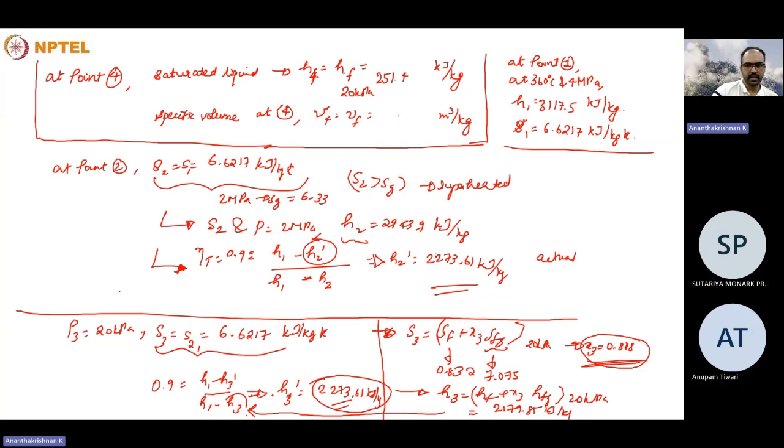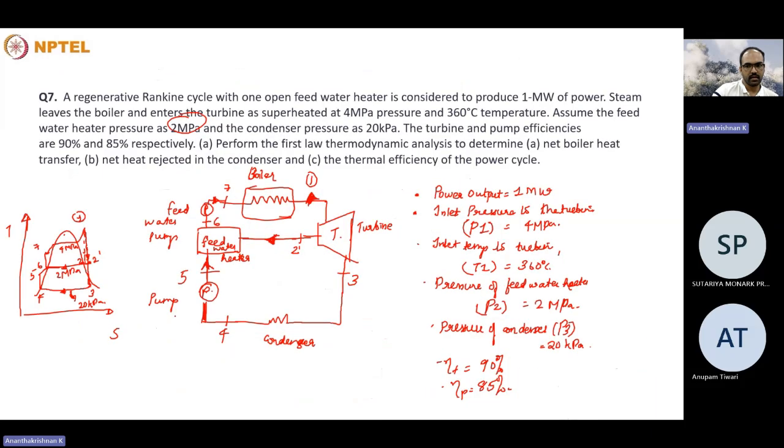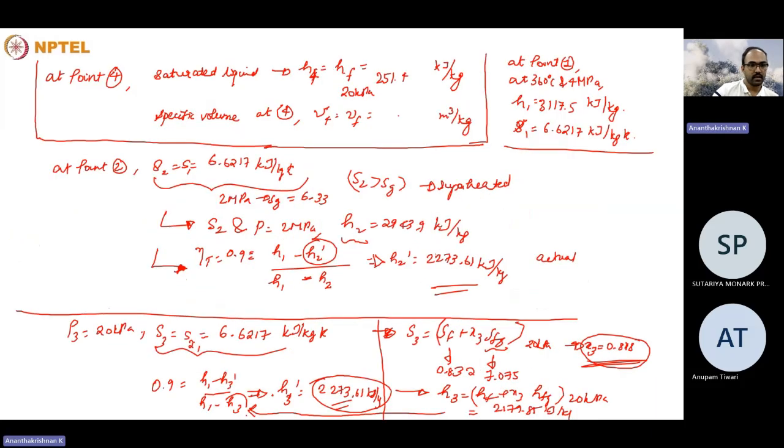Now we have to move to the other side. We know that the point 4 pressure will be equal to 20 kilopascal. Therefore, H4 will be equal to HF, which is 251.4 kilojoule per kilogram.